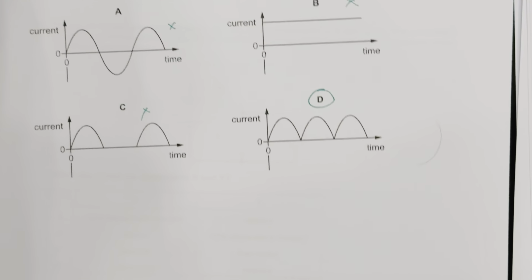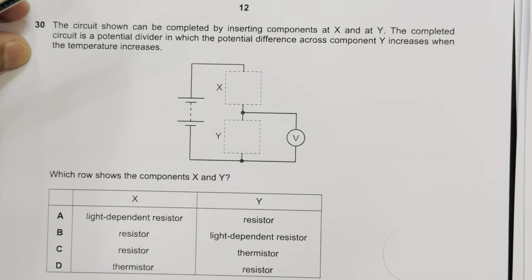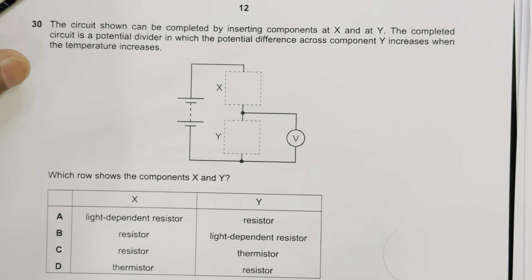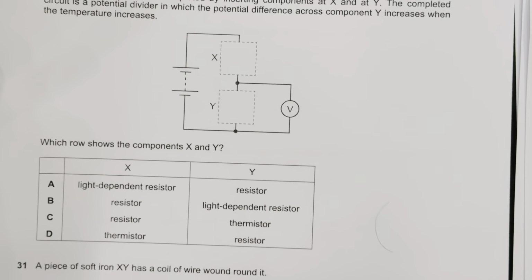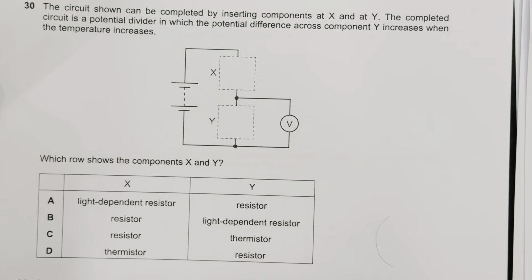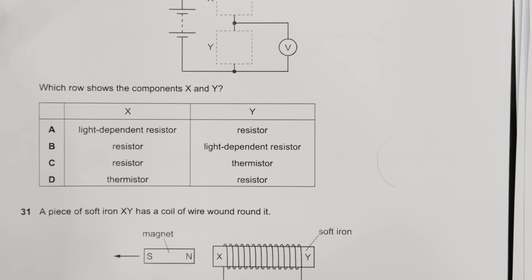Moving to question number 30. Question number 30 is that the circuit diagram shown can be completed by inserting components at X and Y. The completed circuit is a potential divider in which the potential difference across component Y increases when the temperature increases.